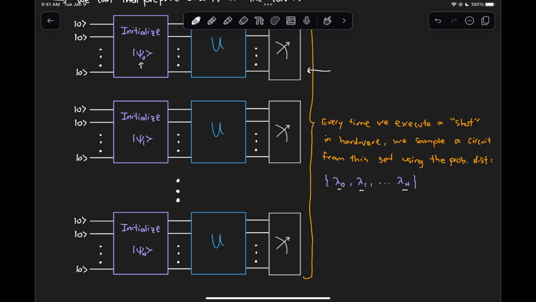So if we're going to execute our system with, let's say, 1,000 shots, then for each shot we sample from the circuits, pick one with its associated probability of occurrence, run it, then pick the next circuit, which is probably going to be different, and run it through real hardware. If we have enough shots, then we have enough statistical significance to say that we evolved the matrix ρ, which was for a mixed state, over our unitary and obtained the results.